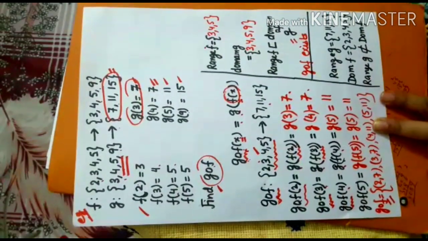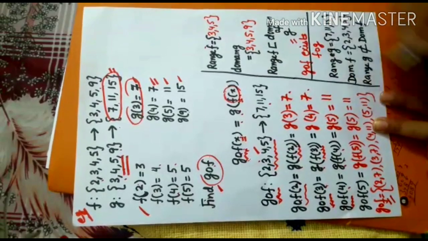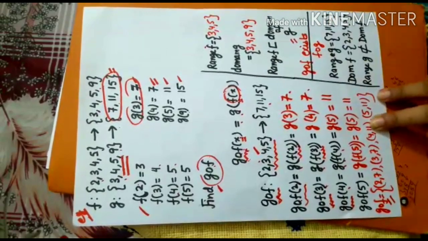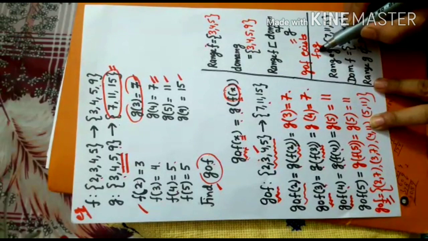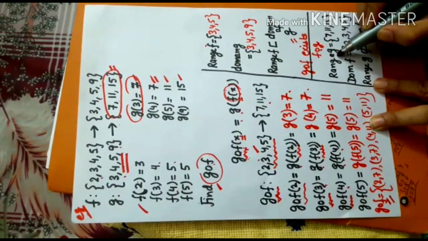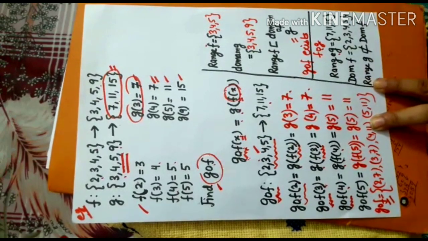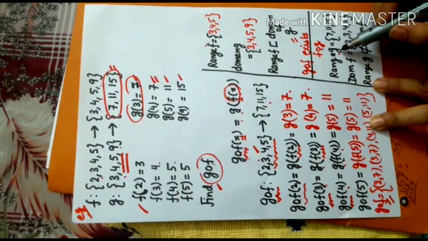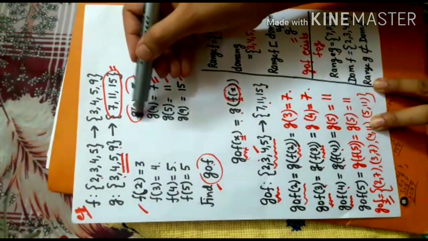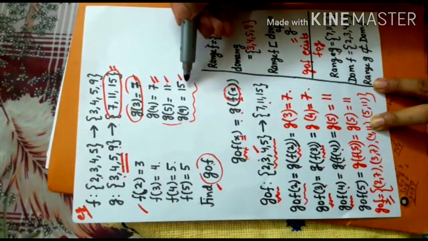Now the question is, does this function FOG exist? Let's check. This composition function will exist if range of G is a subset of domain of F. So let's find out the range of G. Range means collection of all images. This is your function G, and images are 7, 11 and 15.